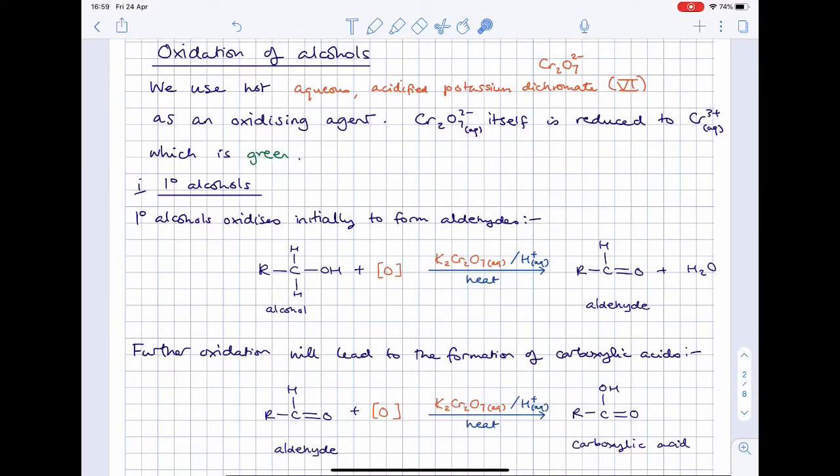If we want to get more of the aldehyde and reduce the amount of carboxylic acid, then as soon as we produce the aldehyde, we want to remove it away from the oxidizing agent to prevent it from further oxidizing. And if we want to produce more of the carboxylic acid, we want to keep the aldehyde within the oxidizing agent and encourage it to further oxidize to give the carboxylic acid.